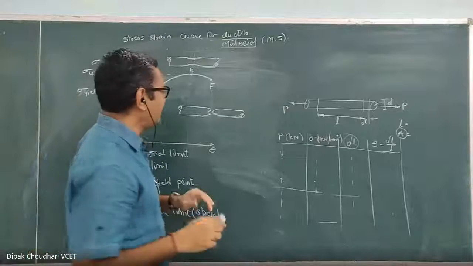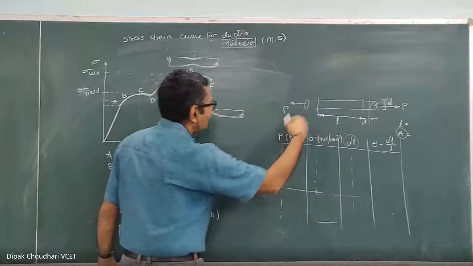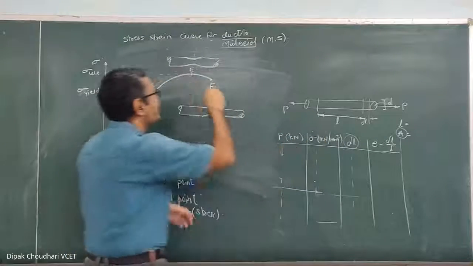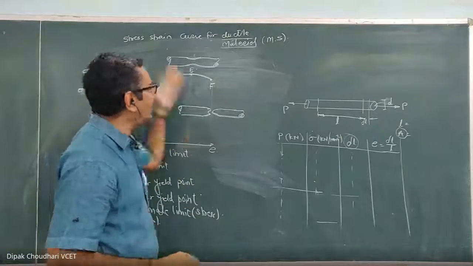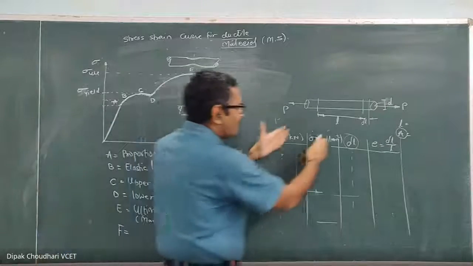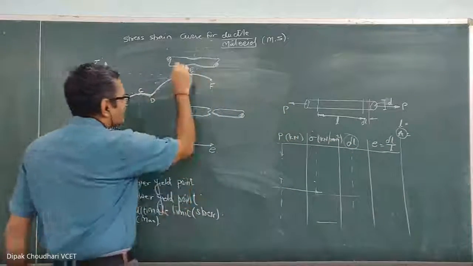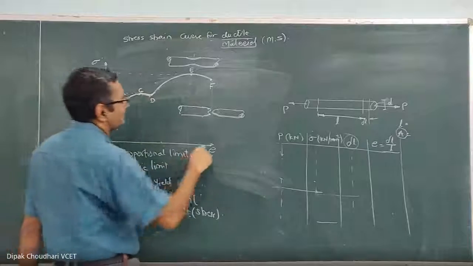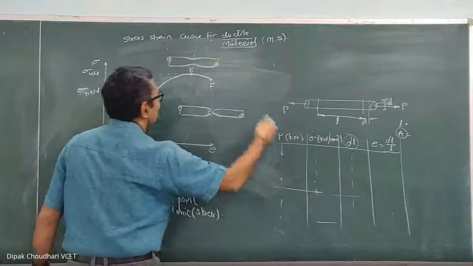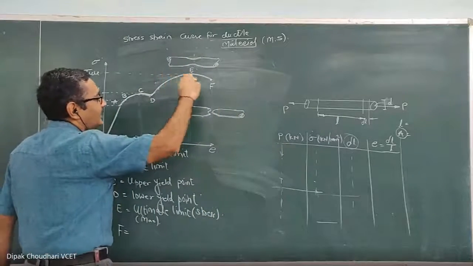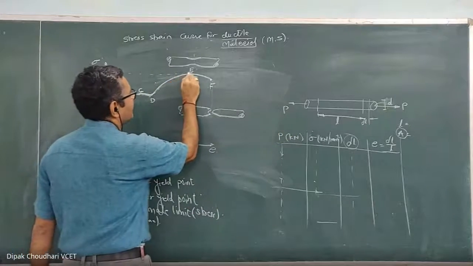But if we measure this P and calculate the value of stress on the basis of the reduced cross-sectional area, because the cross-sectional area goes on decreasing, and plot the stress strain graph based on it, the graph will be like this.